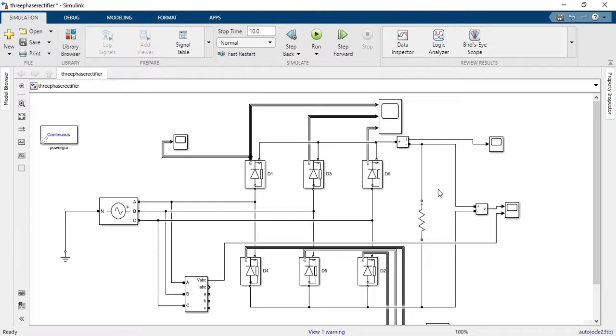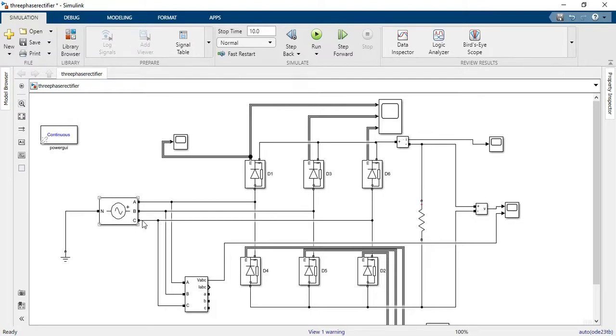So here you can see the three-phase voltage source. Each phase has a 120-degree angle difference. When phase 1 comes, D1 and D2 are on for 120 degrees, and as phase 2 comes, D3 and D4 are on for phase B for 120 degrees.